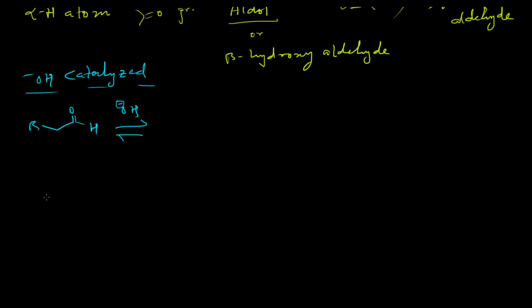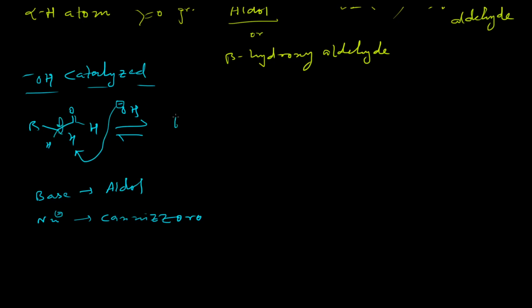OH minus will act as a base in this aldol reaction, not as a nucleophile, because if it acts as a nucleophile, which was the case for the Cannizzaro reaction, then it will not abstract these alpha hydrogen atoms. It will directly attack this carbonyl center, which was the case for the Cannizzaro reaction. But here it will act as a base, and it will preferentially abstract one of these alpha hydrogen atoms, and thereby an enolate will form.